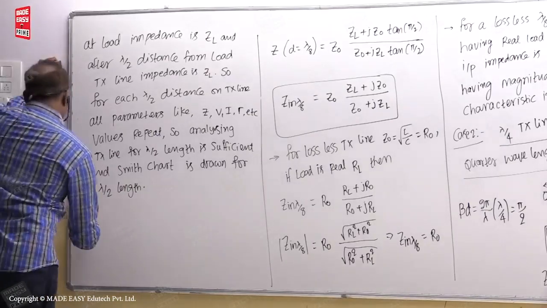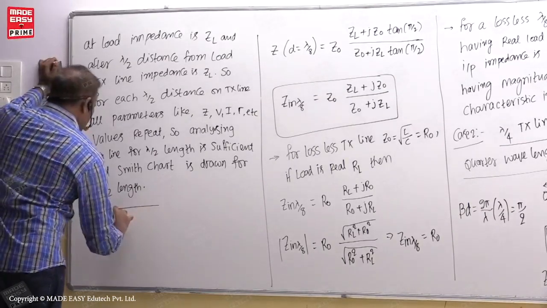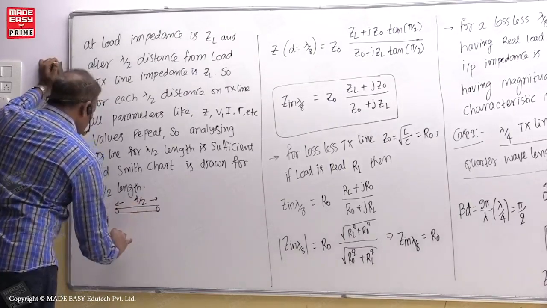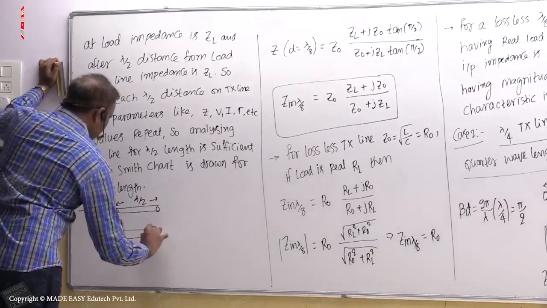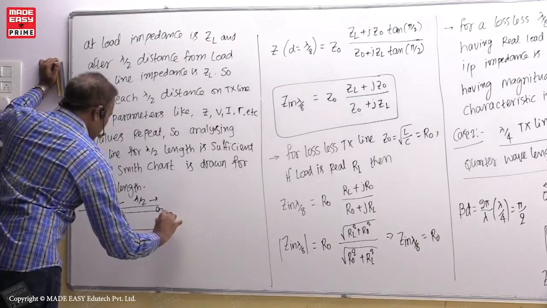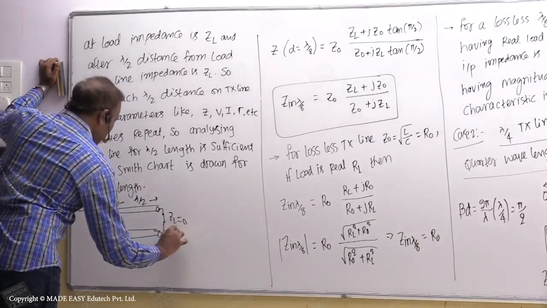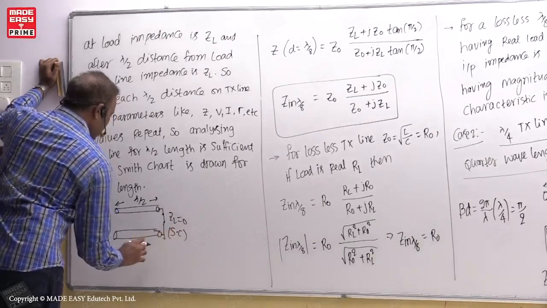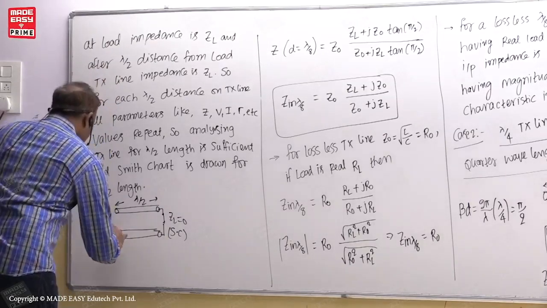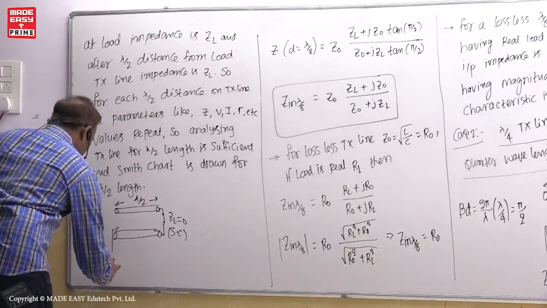Okay. Now, if it is a lambda by 2 length, dear students, and ZL is equal to 0, that means short circuit. Then can you tell me what is the input impedance of this?